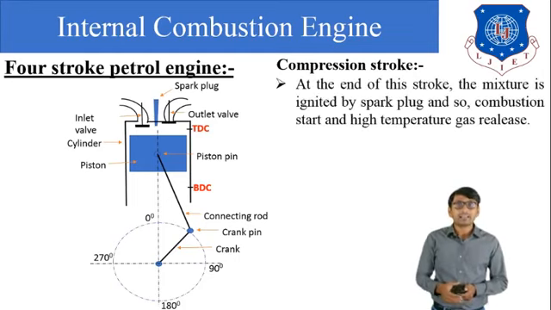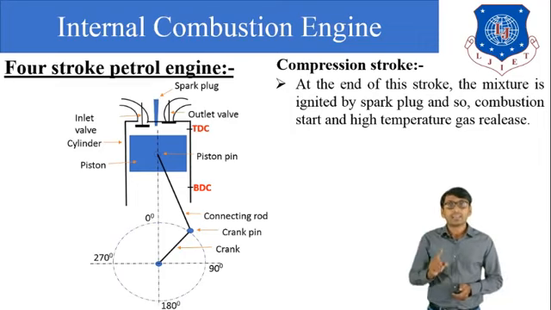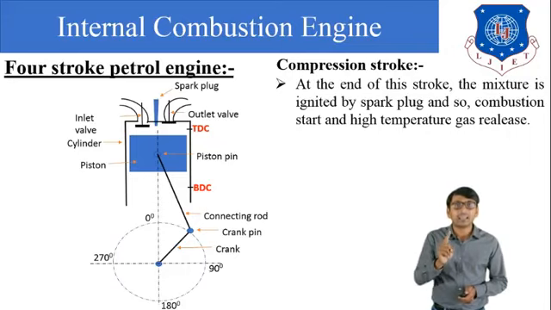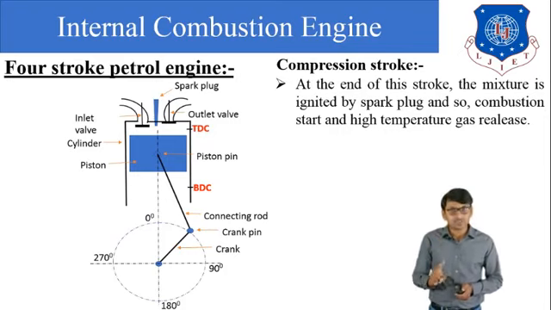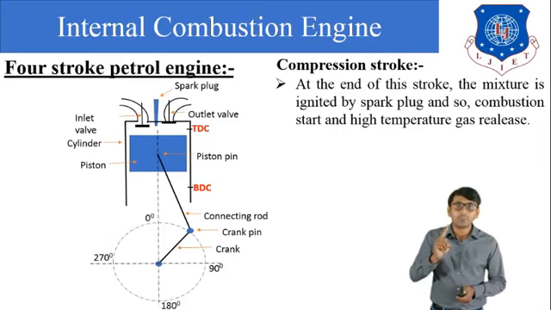At the end of the second stroke, the mixture is ignited by the spark plug, so combustion of fuel starts and high temperature gas is released. So ignition starts at the end of the second stroke.